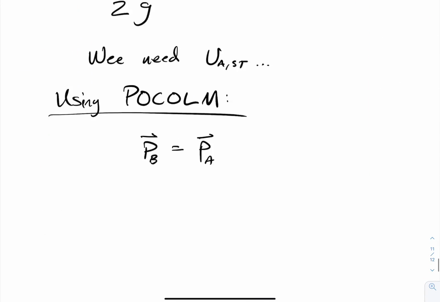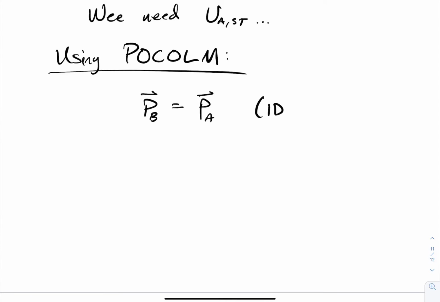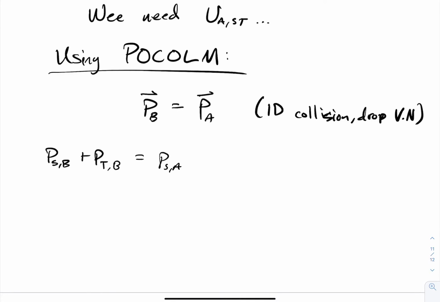And because of that, we would say that this is a one-dimensional collision, and so we'll drop vector notation. So we have the momentum of Smoot before plus the momentum of the tire swing before, and that has to equal the momentum of Smoot after plus the momentum of the tire swing after.